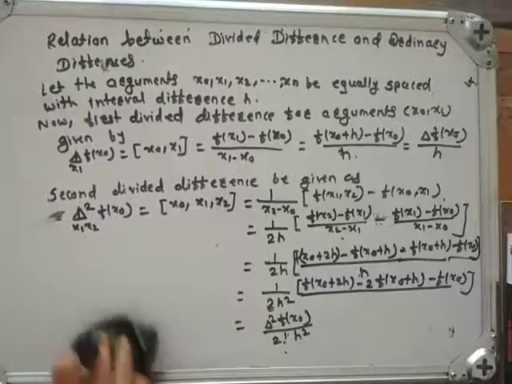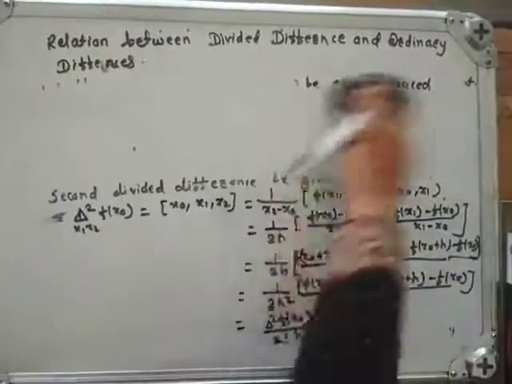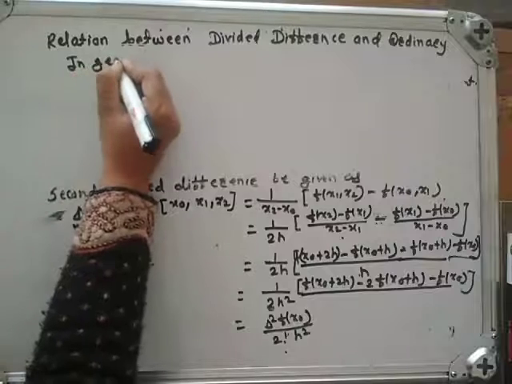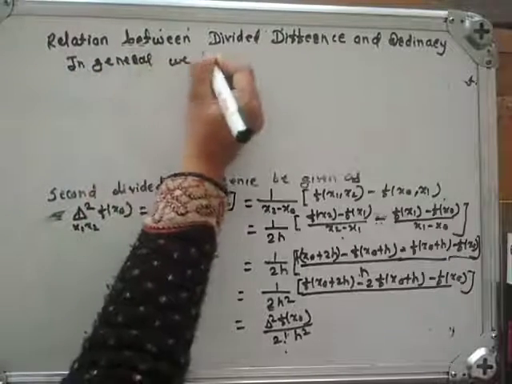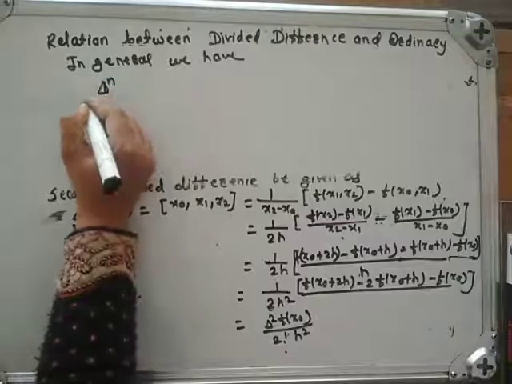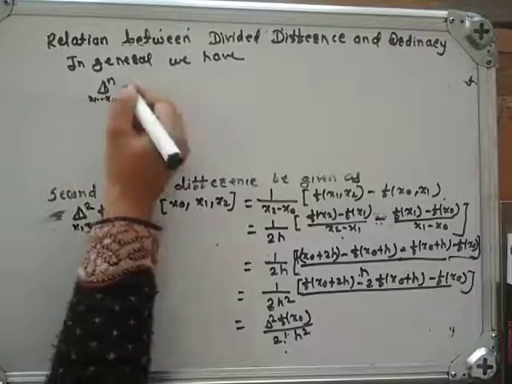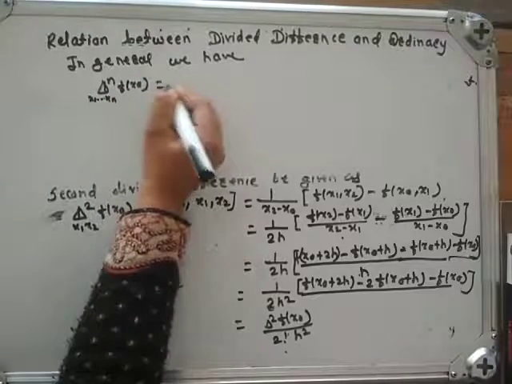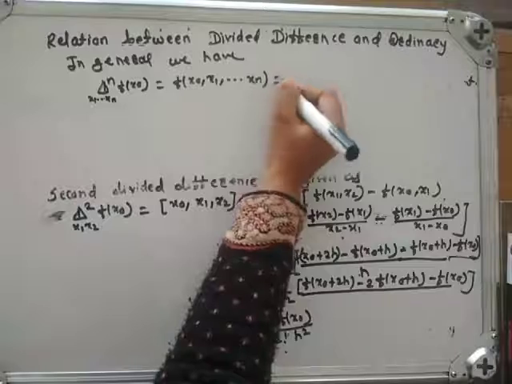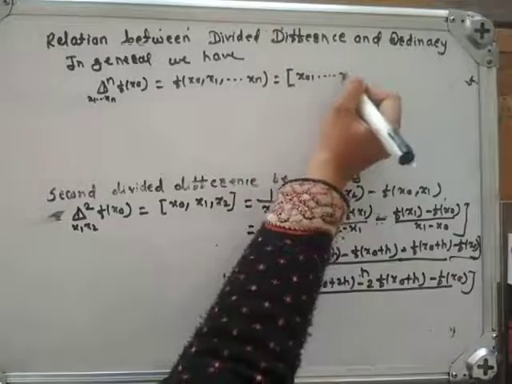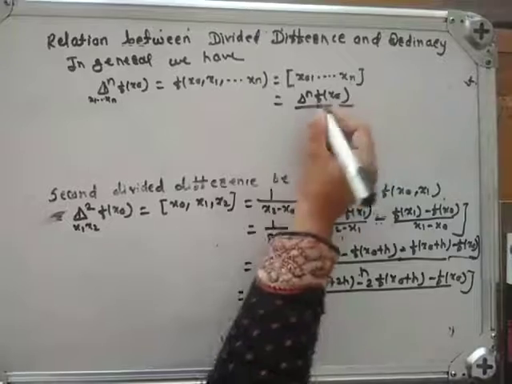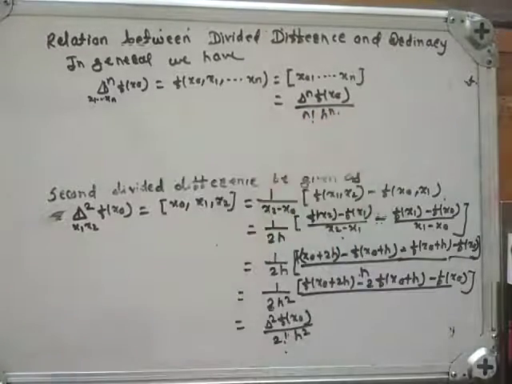In general, we can write the nth divided difference for arguments x0 and so on up to xn: f of x0, x1 and so on up to xn, which is equal to [x0, x1, ..., xn], which is equal to delta raised to n of f of x0 upon n factorial into h raised to n.